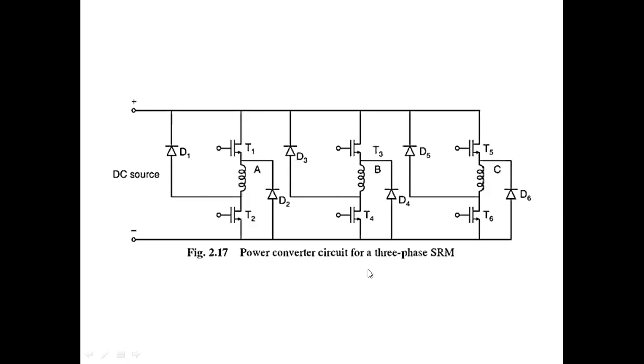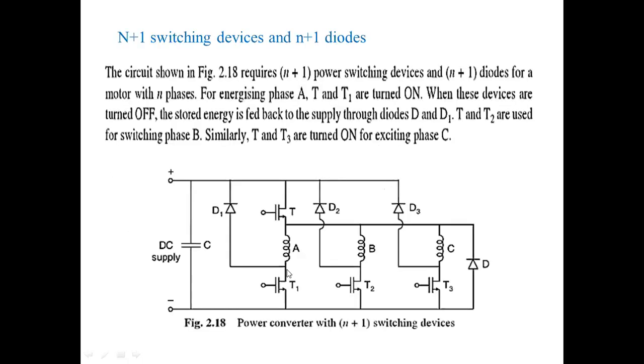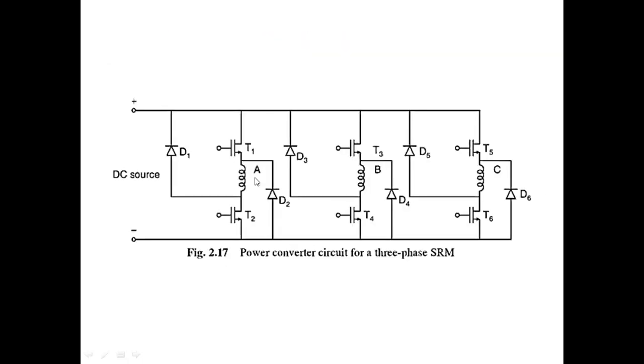Next, if you consider it like this: phase A can be excited and after that turned off. Phase B is excited, turned on, and after that turned off, like this. But the amount of energy stored in the inductor is again fed back towards the source. That is the purpose of using two diodes across two thyristors.